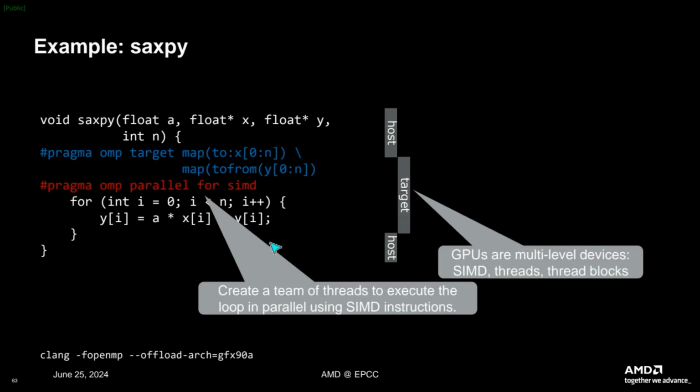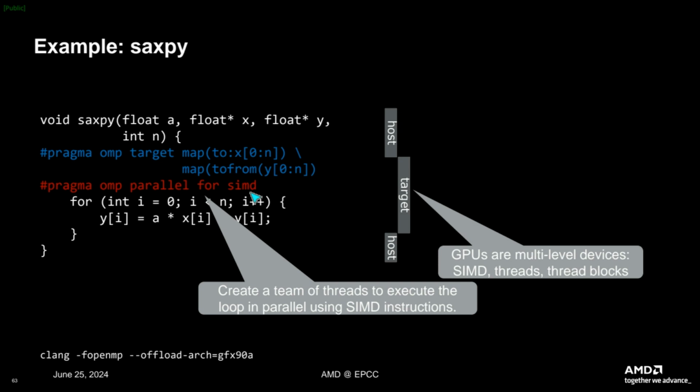So here we now have OMP target map, and then we tell it that on this loop, we want to run it in parallel. So parallel for SIMD. Parallel for is telling it we want to run in parallel. SIMD tells it we want to vectorize on the CPU, and on the GPU it tells it we want to engage all the threads.